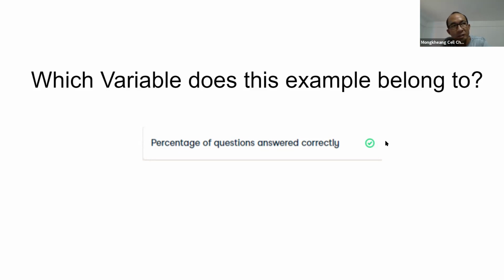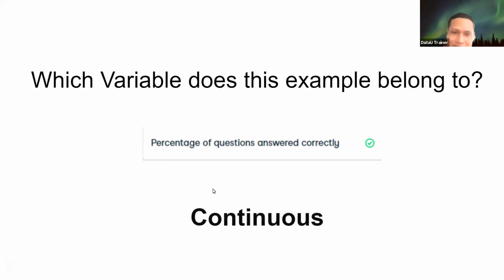Is a percentage a number? The final output would be a number, right? Yes, I changed my answer. Great. So yes, continuous.